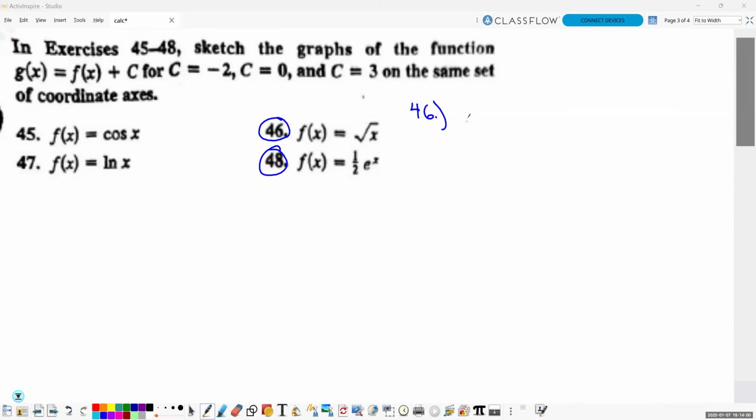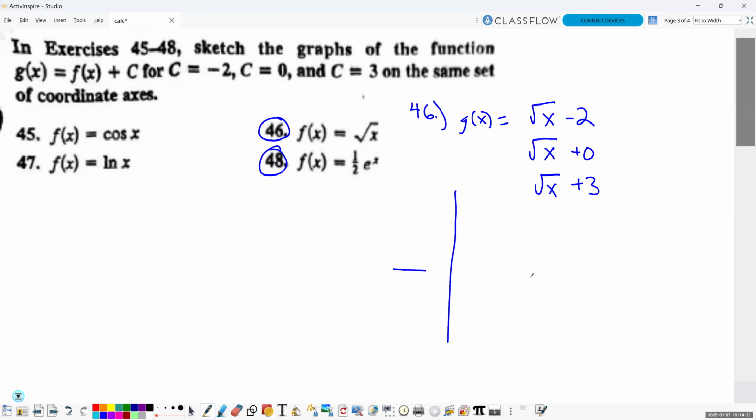We're going to graph g of x. We'll use colors. That will make it more beautiful. The square root of x minus 2, and then the square root of x plus 0, and then the square root of x plus 3. We're going to just swooshy this guy in.